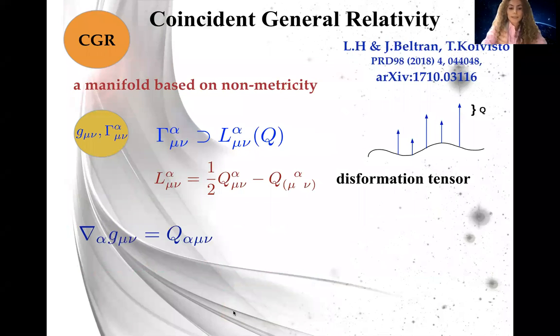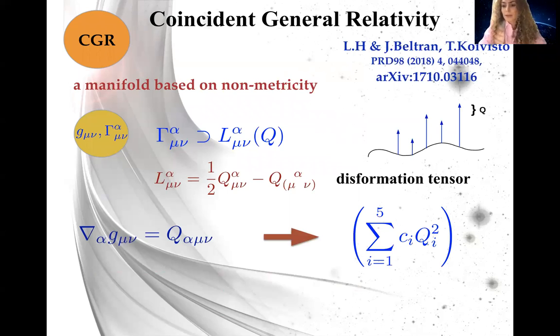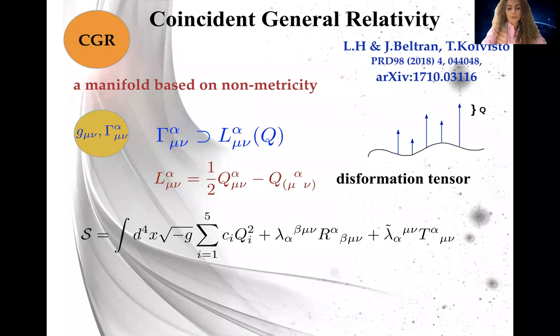So as I said, this is the definition of the non-metricity tensor. Now again, you see it's a tensor with 3 indices. Now it is symmetric in the mu indices. Again, at linear order, you cannot build a scalar quantity. You have to go to quadratic order in this non-metricity tensor. And because it's symmetric in the mu, now you have 5 independent contractions with 5 free parameters that you have to choose.